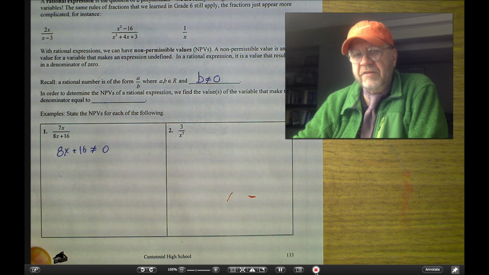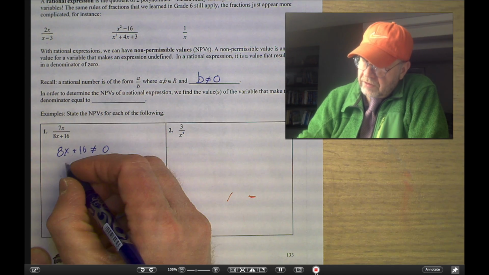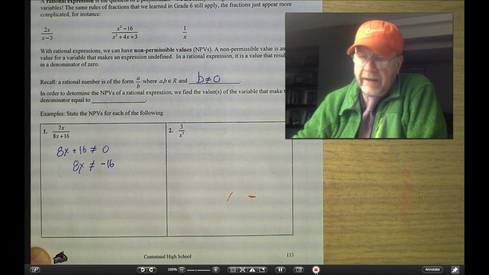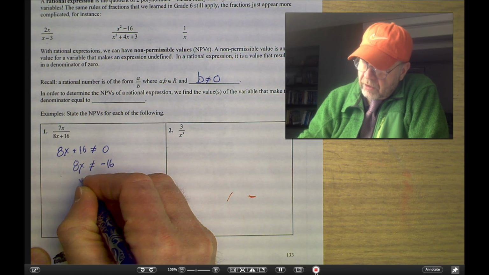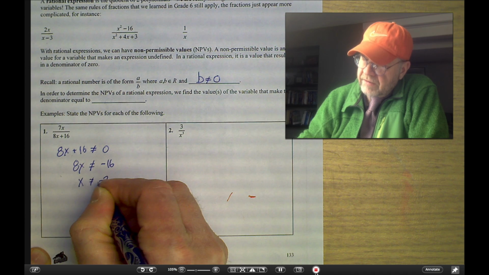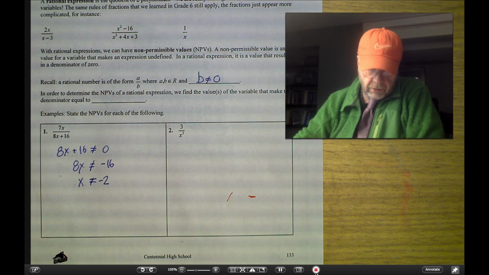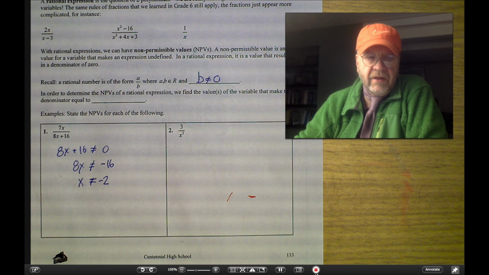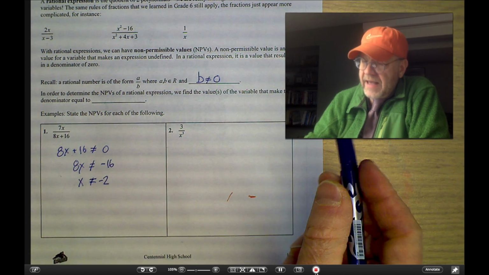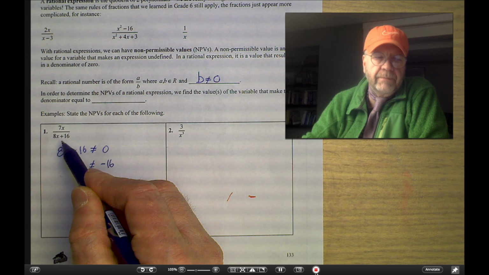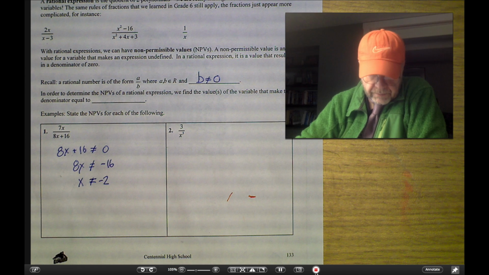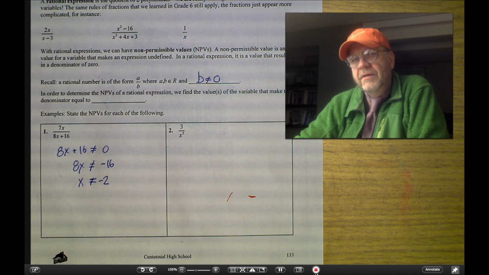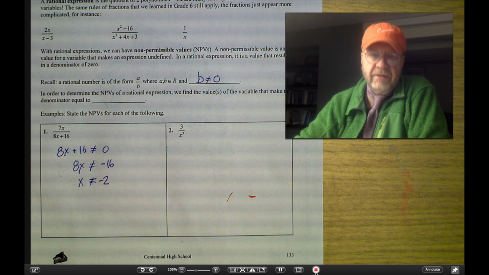So what value for x makes this so? Well, a little bit of simple algebra does that, and then a little bit of division here and there. And presto change-o, we have discovered a value for x that is not allowed. x can be any number in the real number plane here, except for negative 2. Because if it were negative 2, then the denominator would equal 0, and the expression would become undefined.